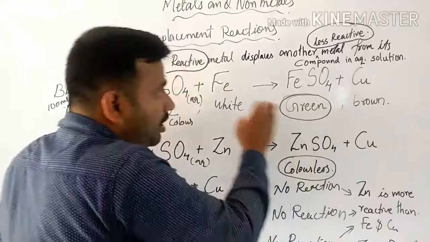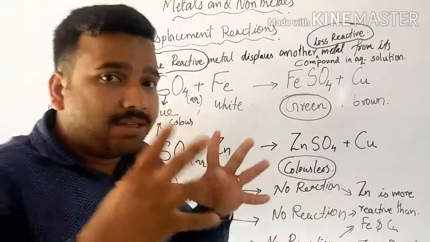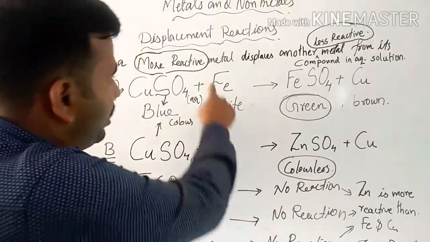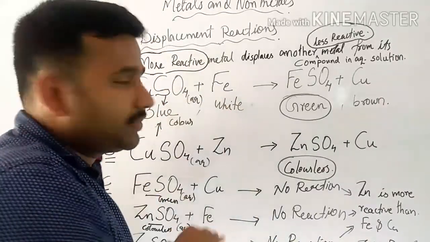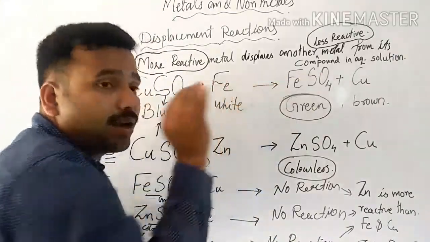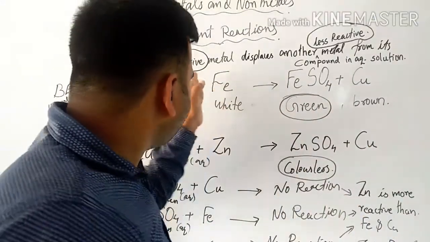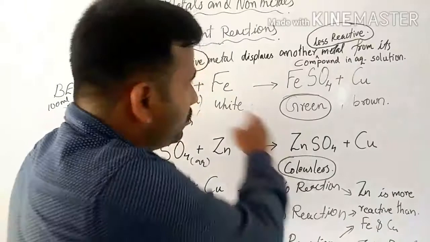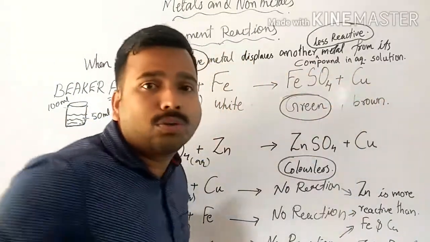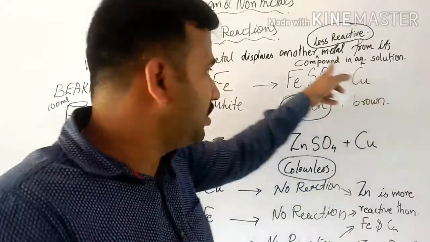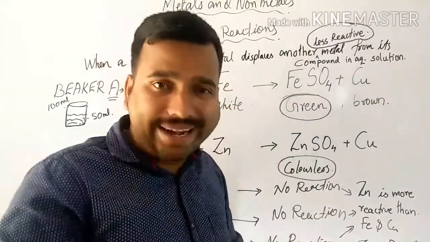Something is happening there. We can also observe that the iron nail slowly changes its color. Earlier it was white, and slowly it changes to brown. A brownish deposit of copper is formed over the iron nail.